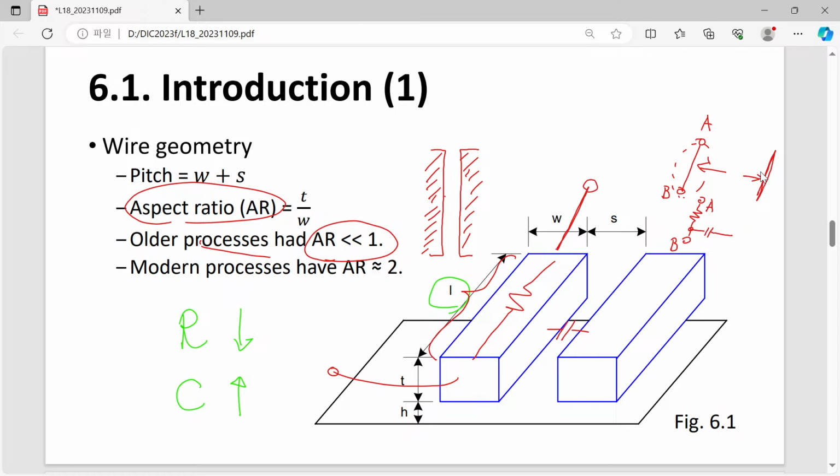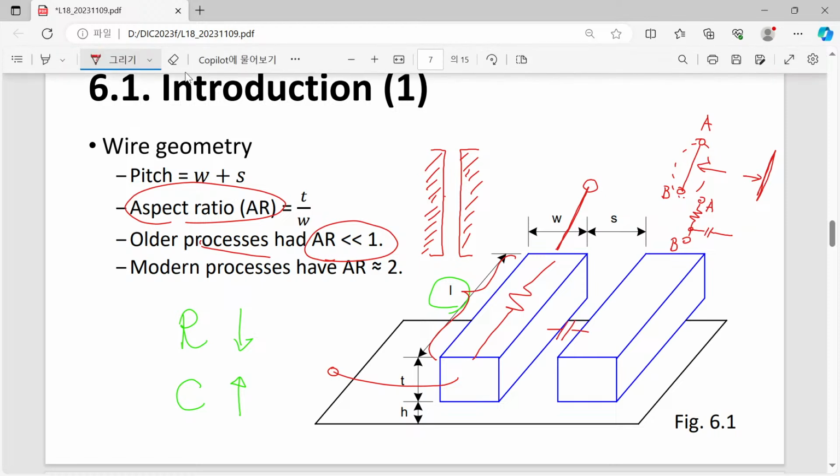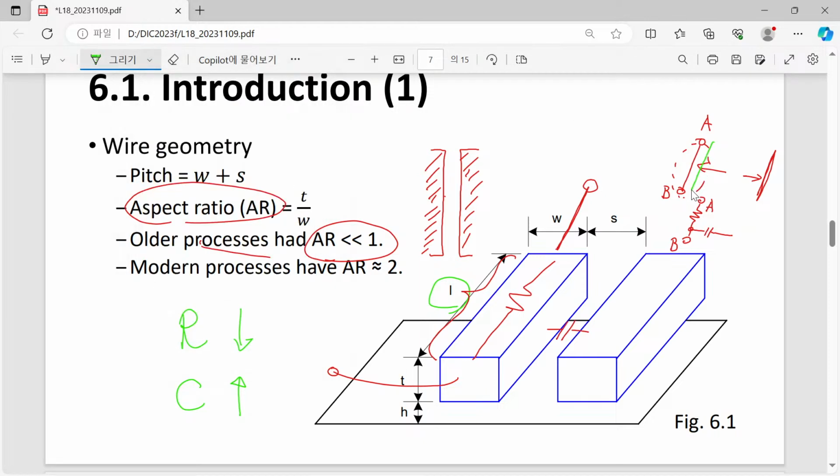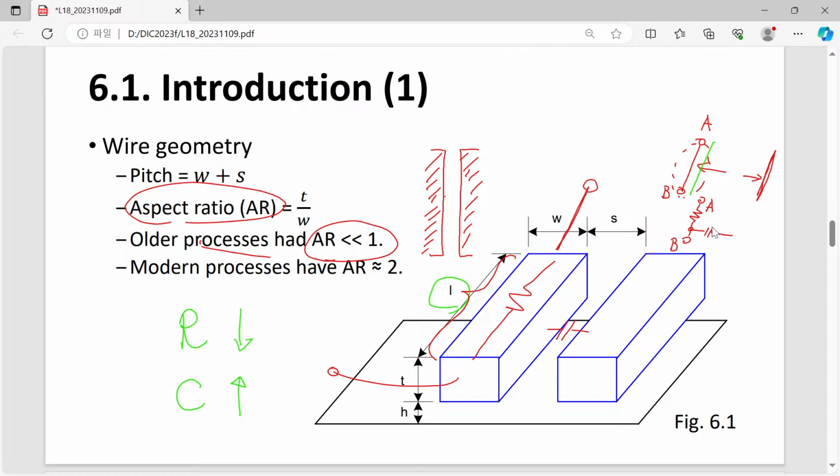Are you with me? If we have closely placed metal wires, then we can expect the capacitance will be increased significantly, actually inversely proportional to the spacing between these two metal wires.